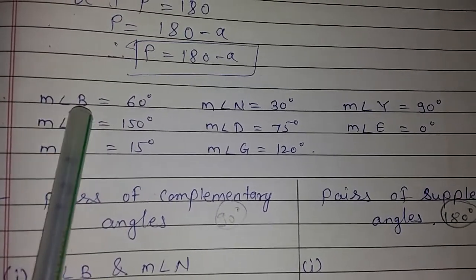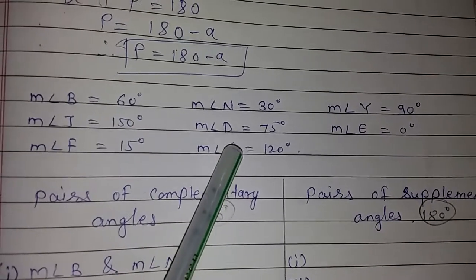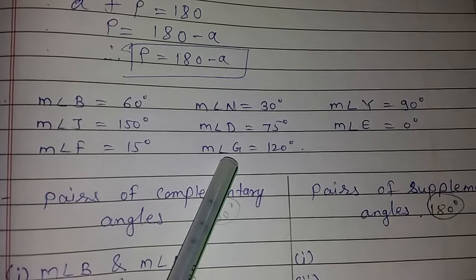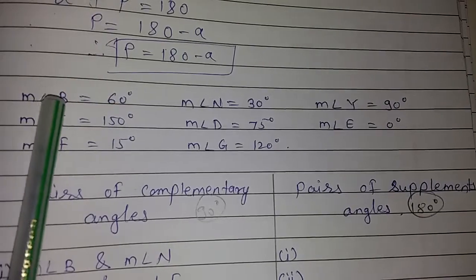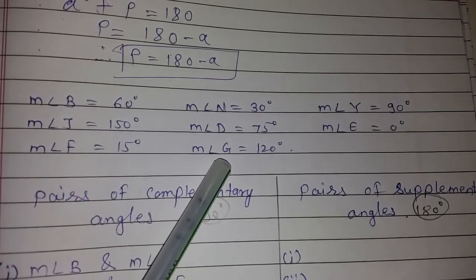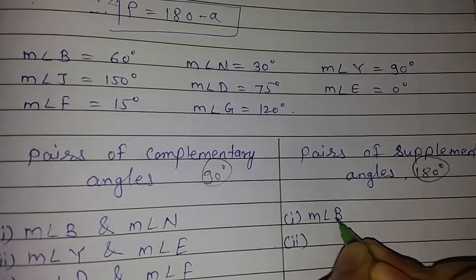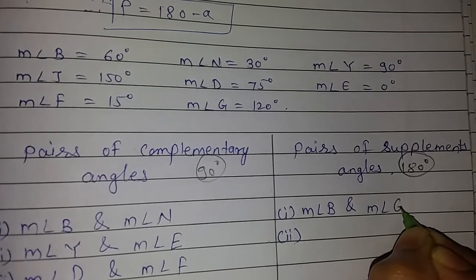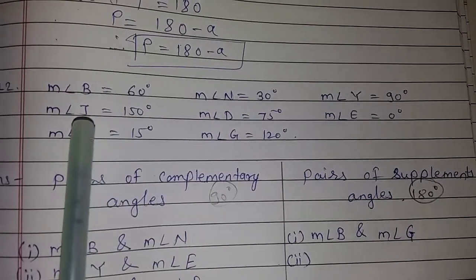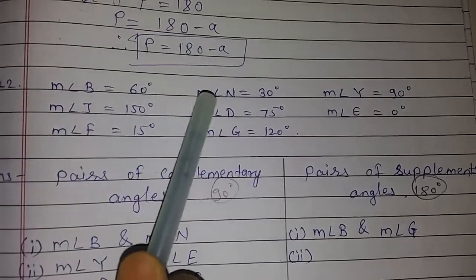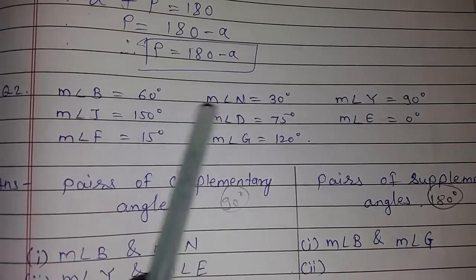Suppose we are taking angle B is 60 degree, plus angle G is 120 degree, means 60 plus 120 is 180, means this is one pair, B and G. And see here, measure angle J and measure angle N, 150 plus 30 is 180.